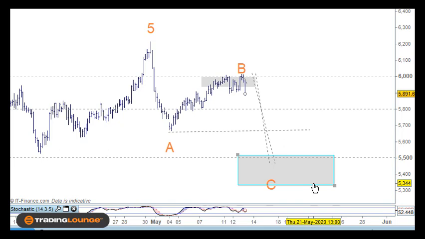I wouldn't turn more bearish unless the 61.8% here became the retested resistance. So if I was going to label that wave 2, for example, I wouldn't do that until here. Let's just be conservative, not get too excited about things, but we're on the right side at the right time.